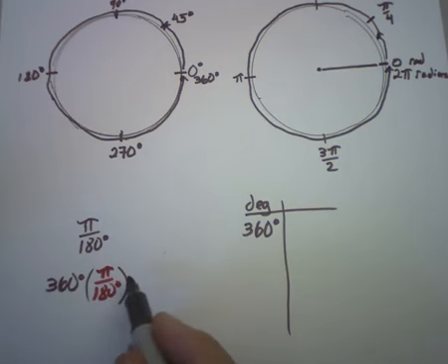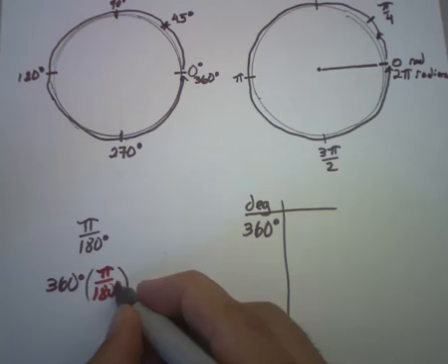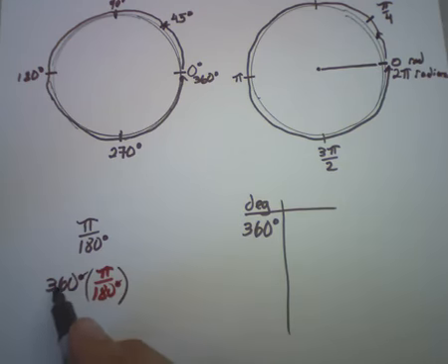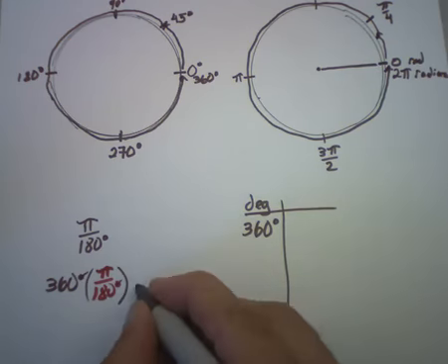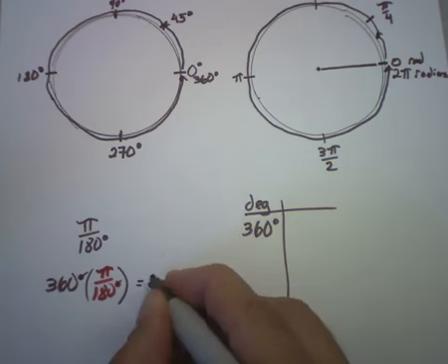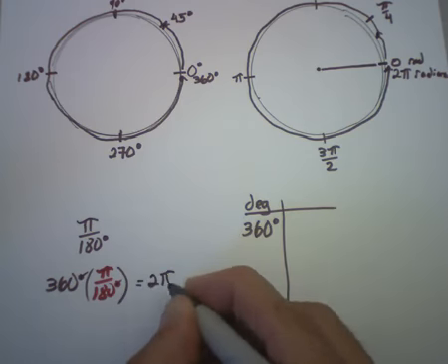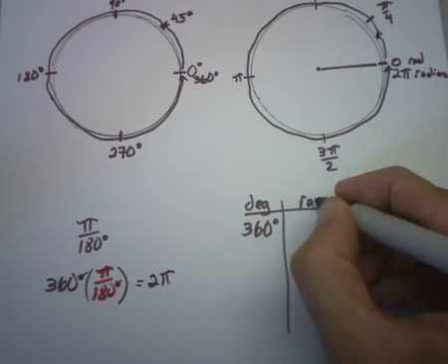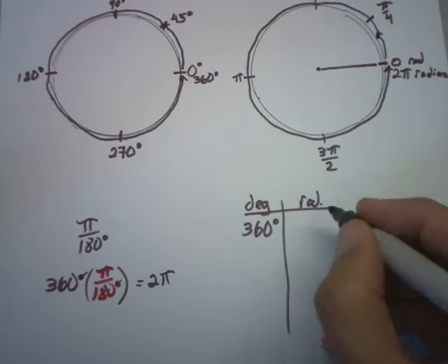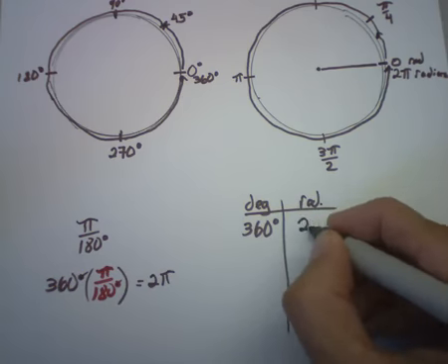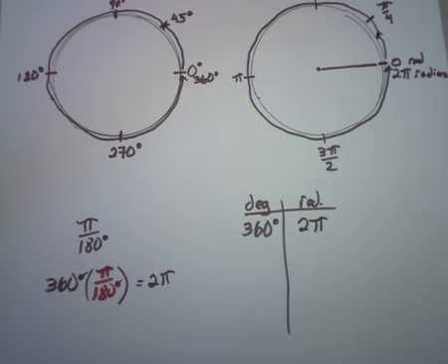The degree units cancel if you like unit analysis, and also 360 divided by 180 is 2, and this works out to 2 times pi. So we know the radian equivalent of 360 degrees is 2 pi.